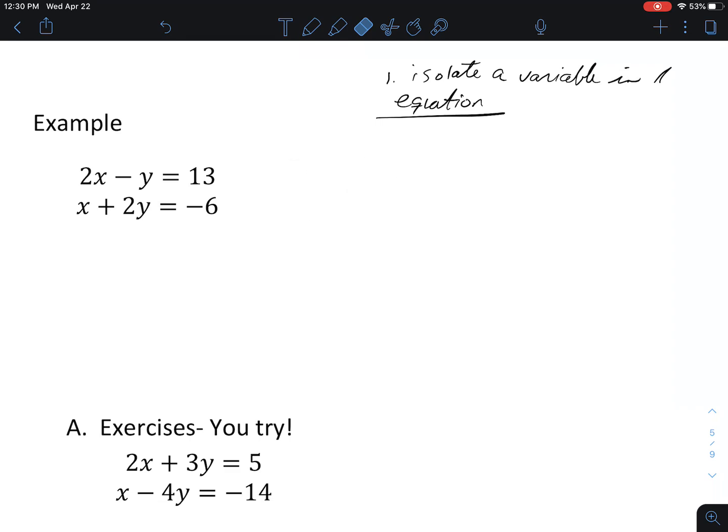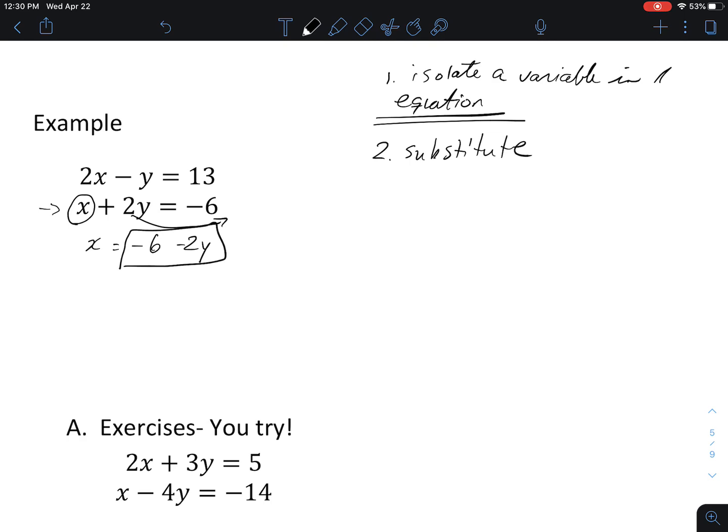So I'm not going to isolate that variable. That's what I mean: I want to be clever about which one I choose. So I'm going to choose this x instead. x is negative 6 take away 2y. So I use this equation for my first step. Now in my second step, I substitute.